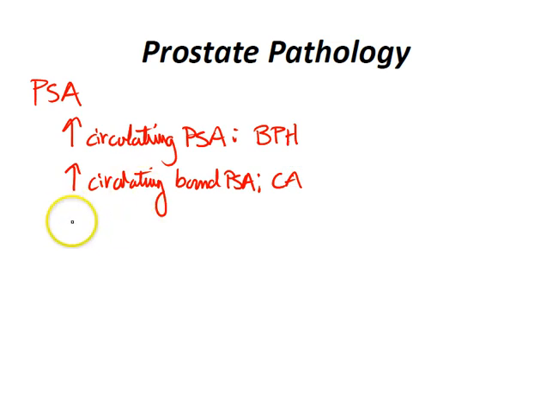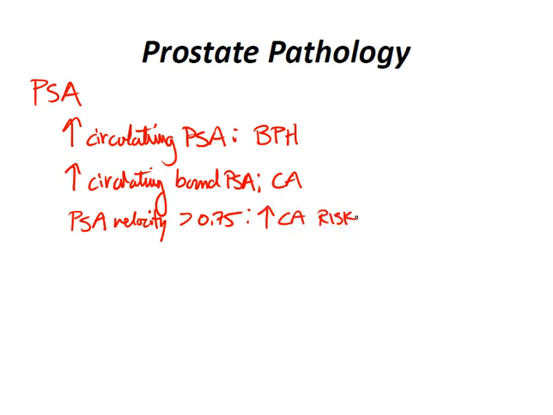Now, the PSA velocity, which yearly increases greater than 0.75 with normal baseline PSA, indicates increased cancer risk. Now, prostate density.